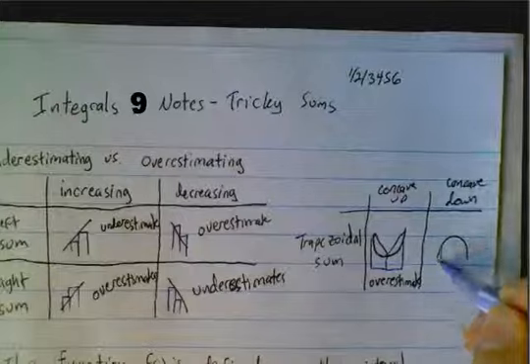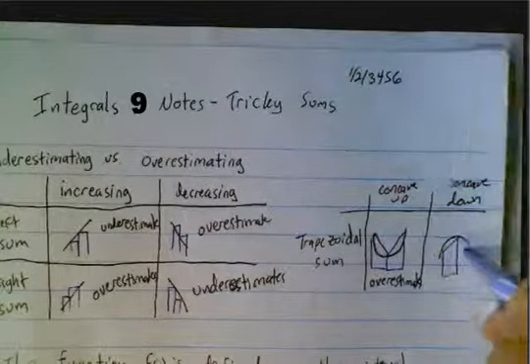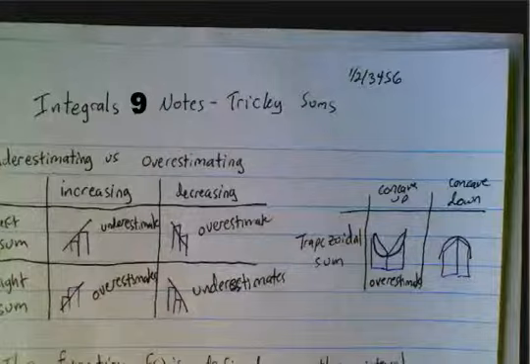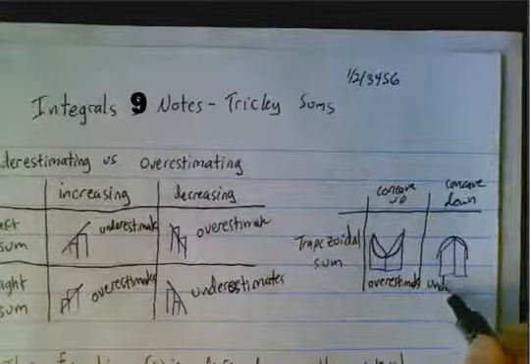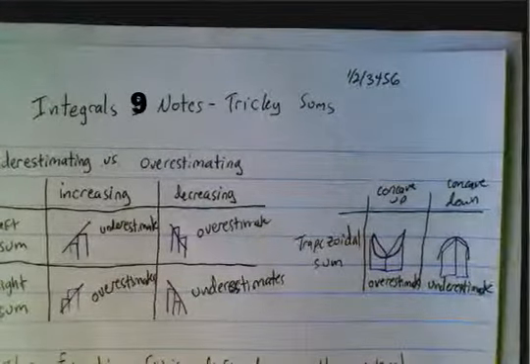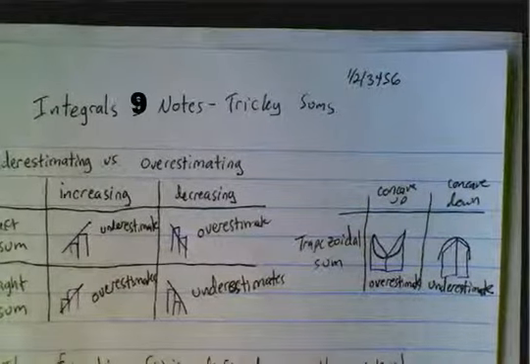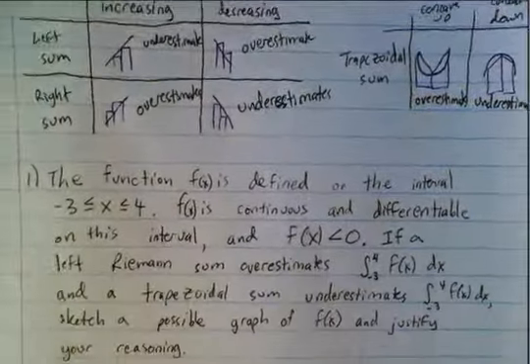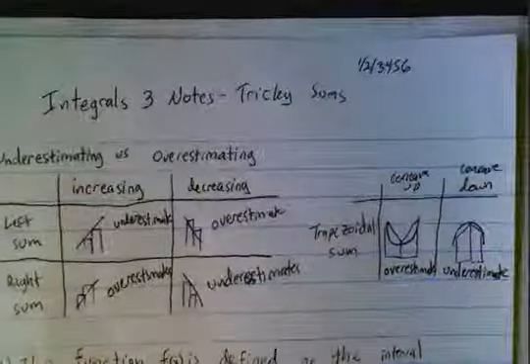And for concave down, trapezoidal sum underestimates. So those things are really important to know for problems like this one.